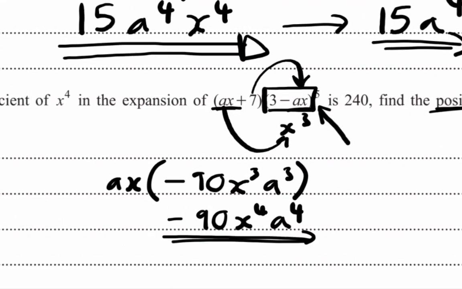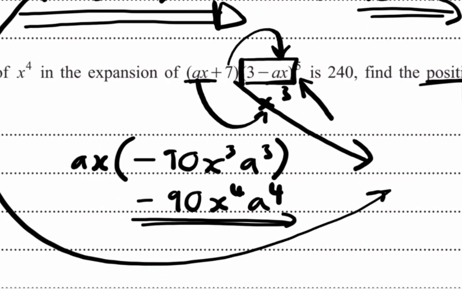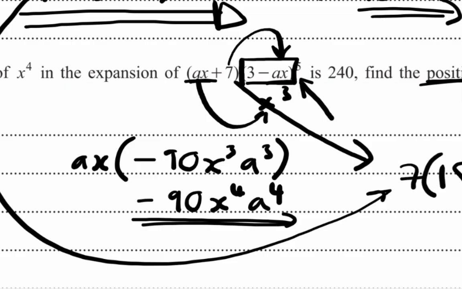And multiplying 7 by the term in x to the power 4, which is right here, it's our 7 times 15a to the power 4 and x to the power 4. We get 7 times 15, that's 105a to the power 4 and x to the power 4.